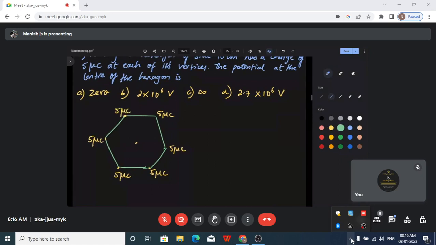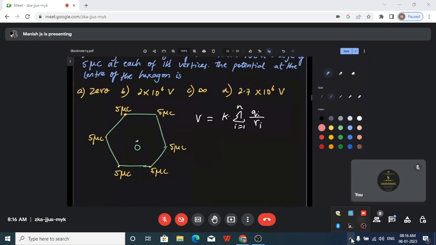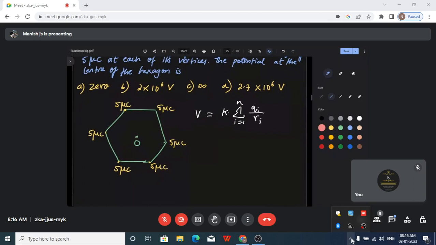Center one, we will take it as O. So according to the superposition principle, you know that the potential is equal to K times sigma i equal to 1 to n, Qi upon Ri. இதுதான் பண்ணிருக்கீங்க இல்லையா? So here you have found out what is the value of V with respect to the center.